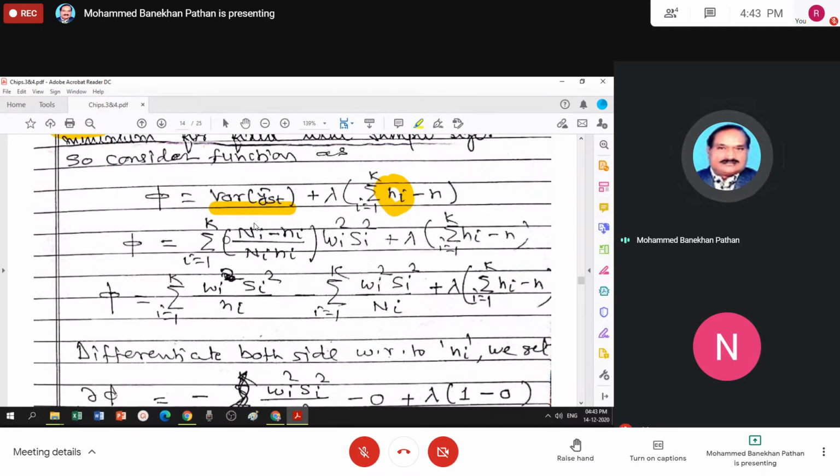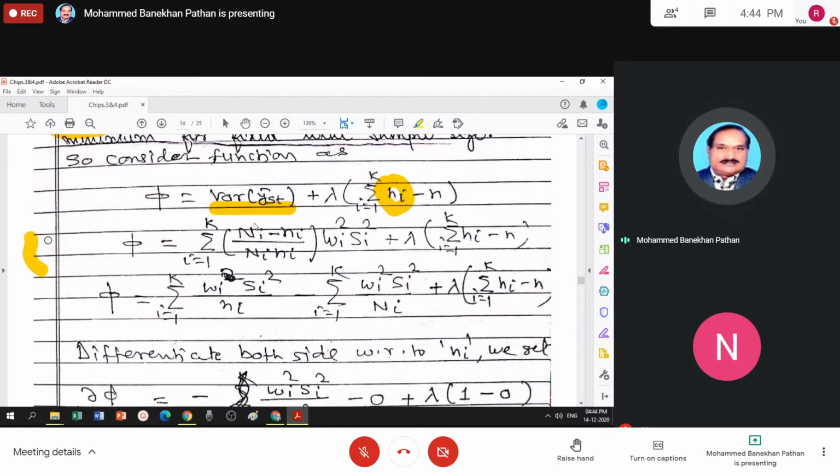This bracket is written as 1 upon small ni minus 1 upon capital Ni. So wi square si square over small ni minus summation wi square si square by capital Ni. I think you understand what I want to say.